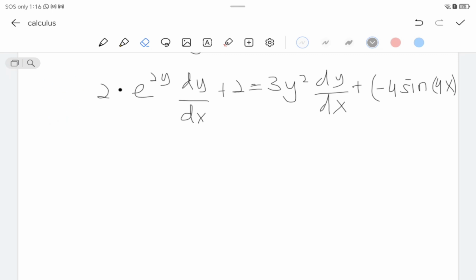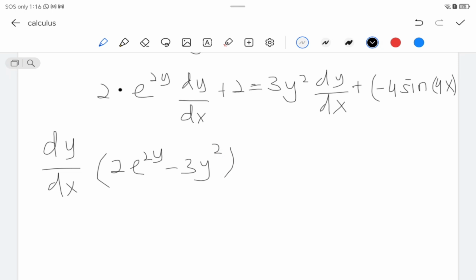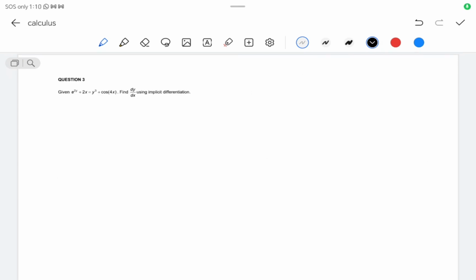Let's rearrange so that y is on one side while x is on the other. The new equation will become 2 times e to the power of 2y dy/dx minus 3 times y to the power of 2 dy/dx equals negative 4 times sine 4x minus 2. Let's factorize the y side, and it will be dy/dx times 2 times e to the power of 2y minus 3 times y to the power of 2.